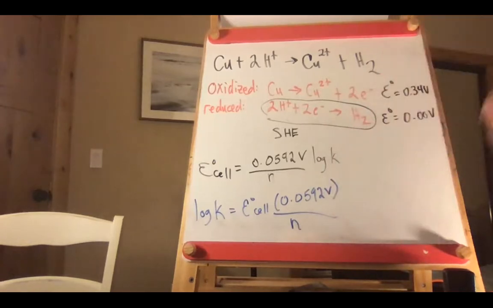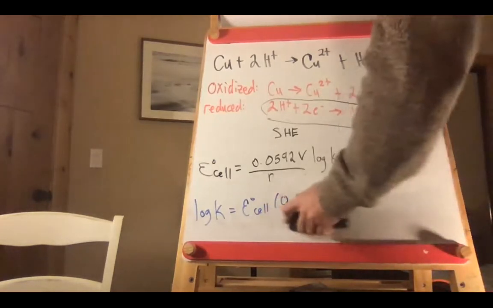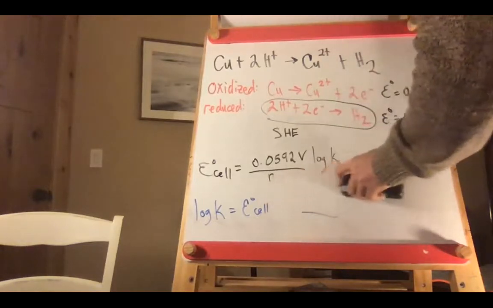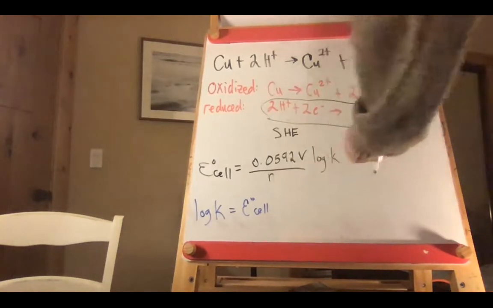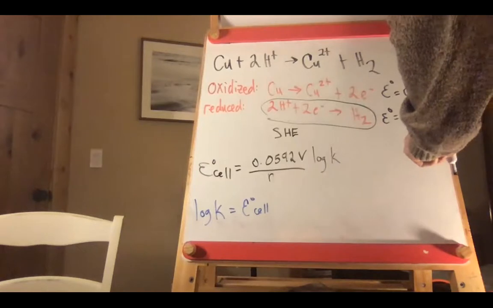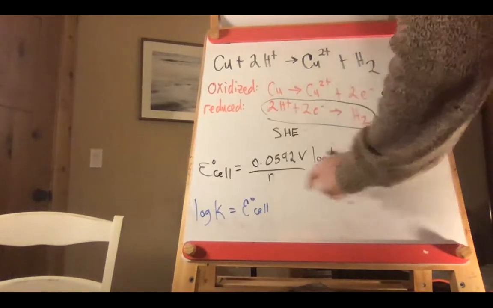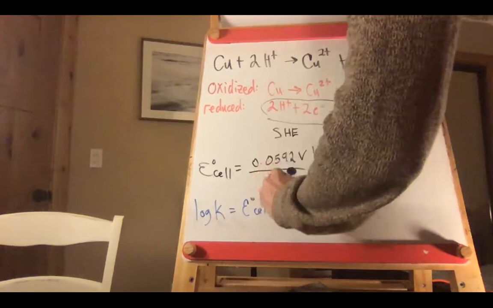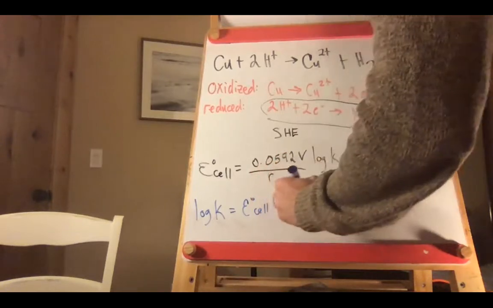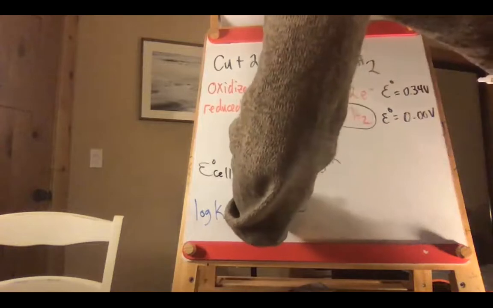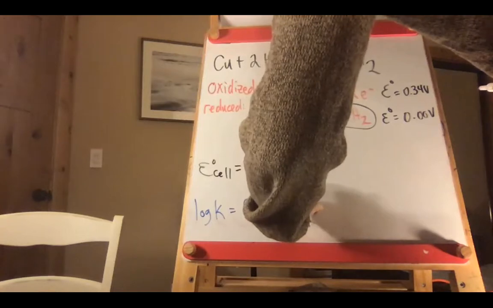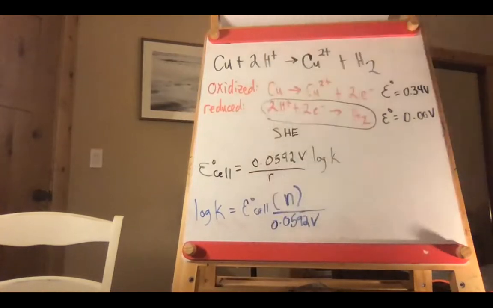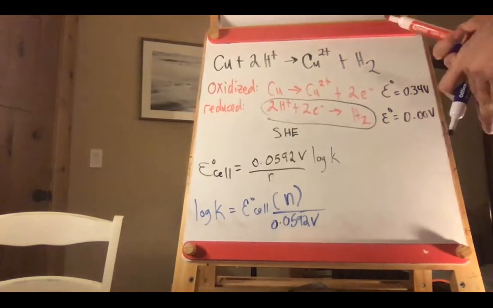I'm going to flip that. I have to flip that to get this by itself. You multiply by N. So times N over 0.0592 volts. That looks better. Now what we have to do is plug in for the N and the E cell.